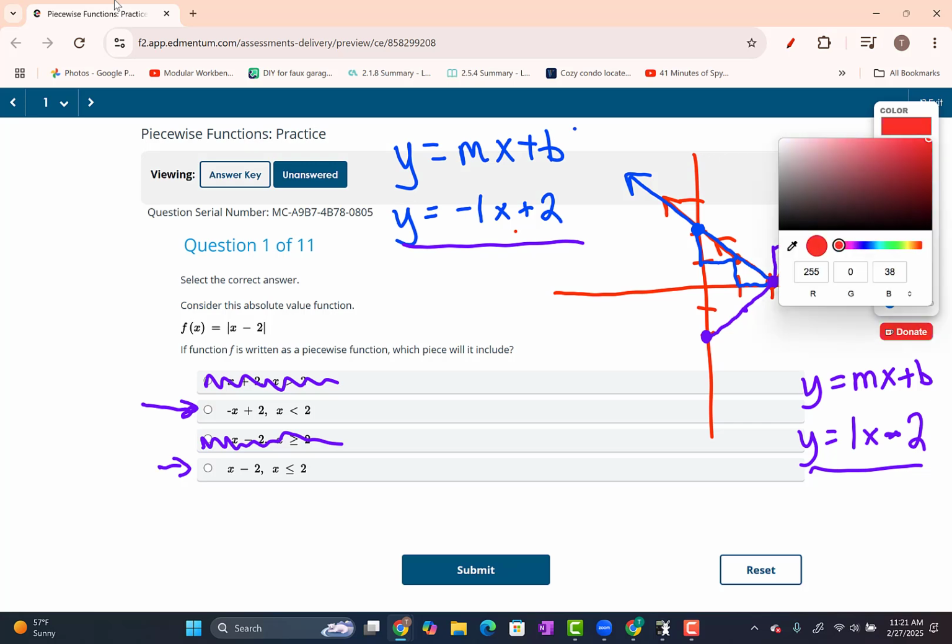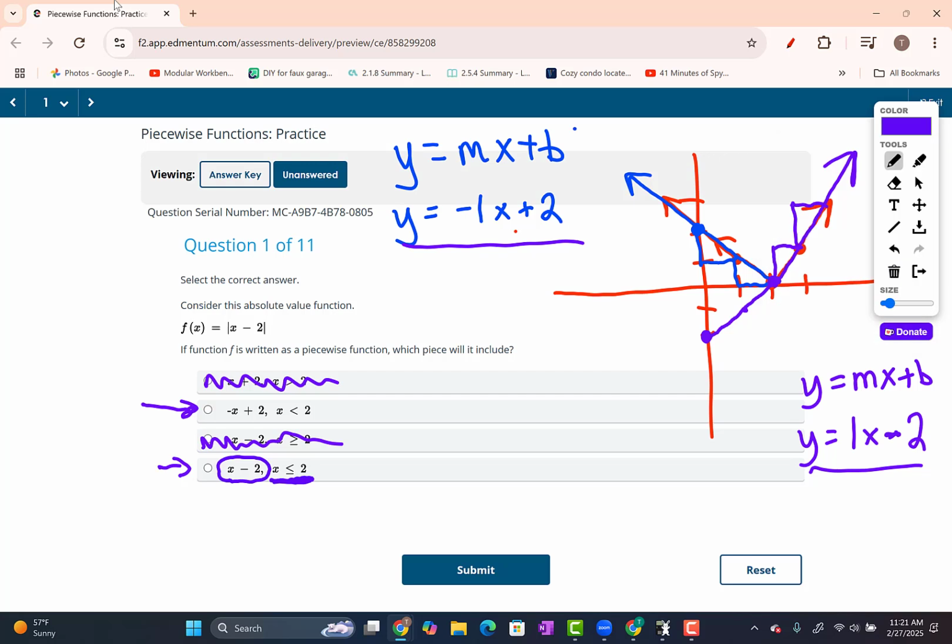Let's focus on the second part of that answer. So for instance, answer choice D is x minus 2, but it's only for when x is less than or equal to positive 2. So x is positive 2 right here, but this is saying we only want the piece that's less than 2.